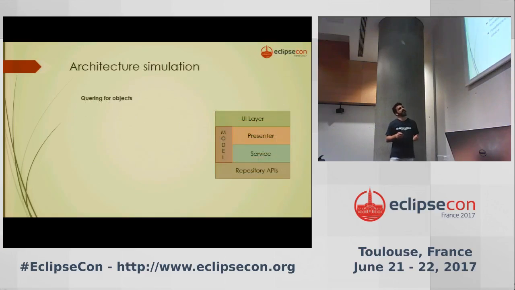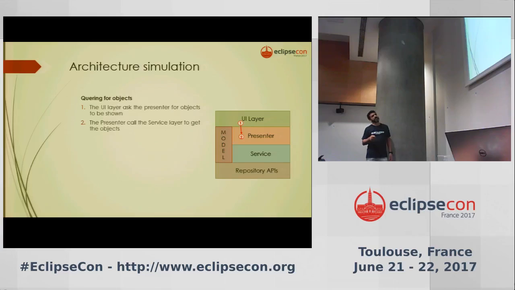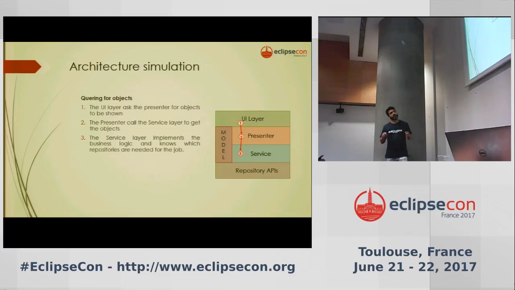Here there is a little simulation of querying for an object. We have the UI layer that asks for the object to be shown. Then the presenter layer calls the service layer, which implements the business logic and knows which repositories are involved in that query.